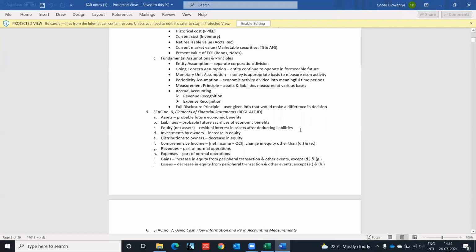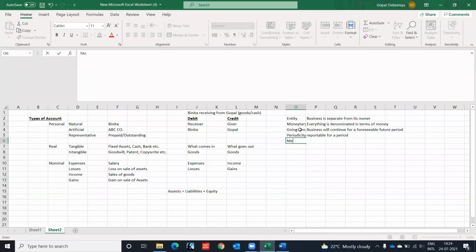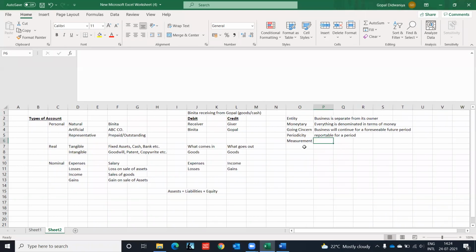Then we have the monetary measurement also. Each item of your financial statement is measurable. Measurable means you can measure that event or transaction you are undertaking in monetary value.